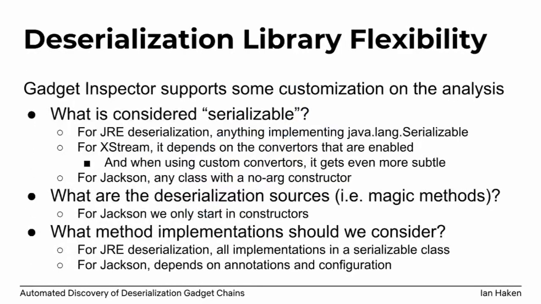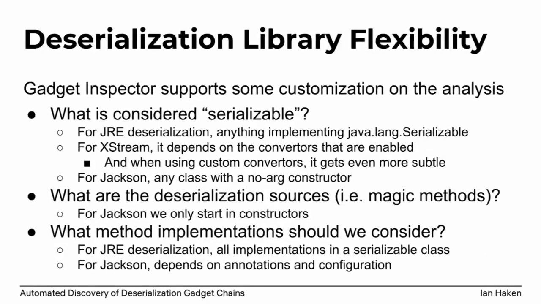In everything I've described, one thing that I've left out is how you deal with this if you're working with different types of deserialization libraries. Well, basically everything I've described is parameterizable. What classes are considered serializable? You can pass that in as a parameter to this analysis and say classes implementing this interface are serializable, or classes with no-arg constructors are serializable, and that'll determine how you do that graph search in step 5.